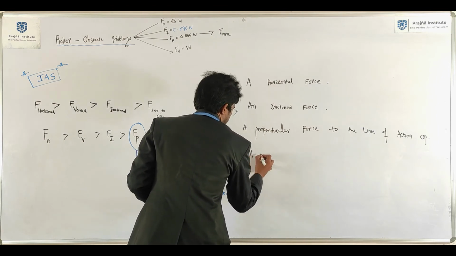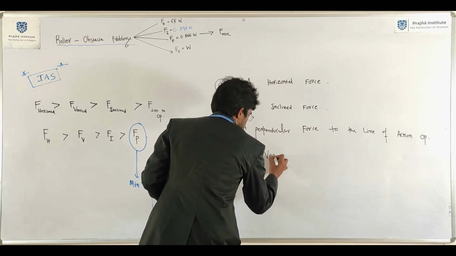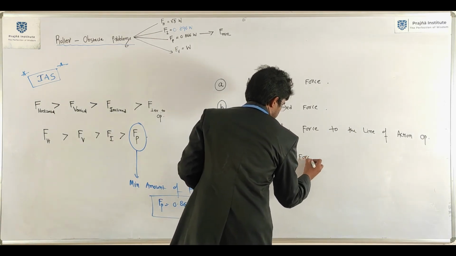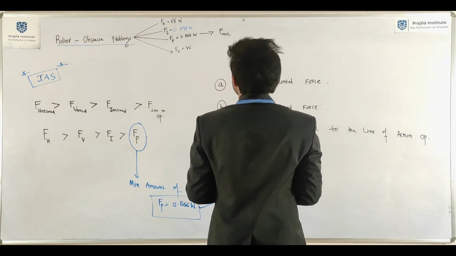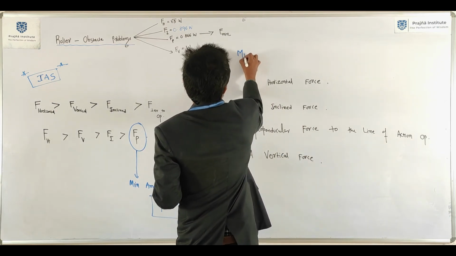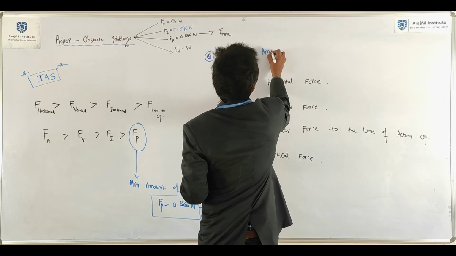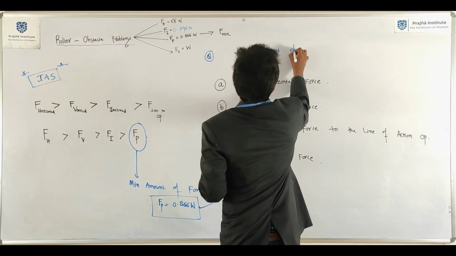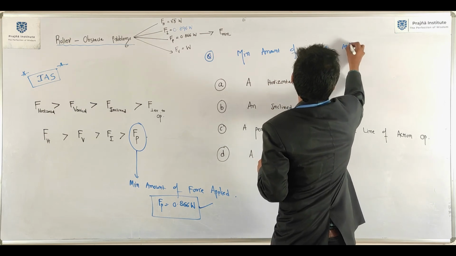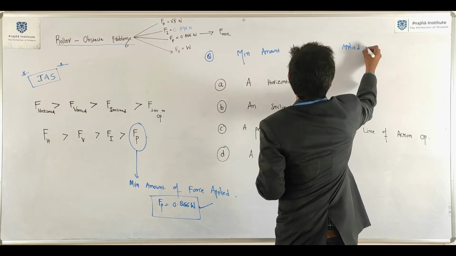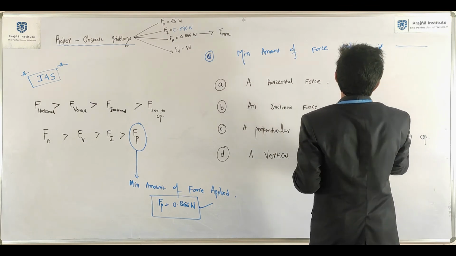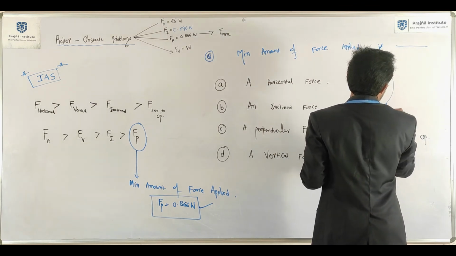D, a vertical force. Okay, so the question is the minimum amount of force applied is dash in this particular case.